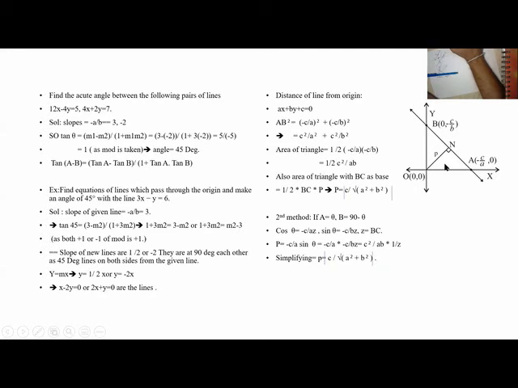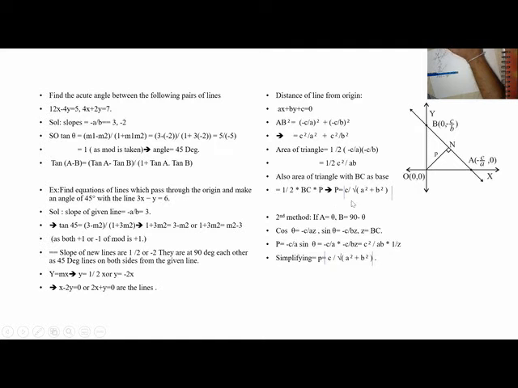Then the coordinates will be minus c by a and minus c by b. So we have found AB and we found the area in two ways, one with this as base, one with this as base. So we got P is equal to C by square root of A square plus B square. In fact, if I divide by root of A square plus B square, I get a unit vector of this, because the value of this line is root of A square plus B square. So C by root of A square plus B square is the distance from the origin.